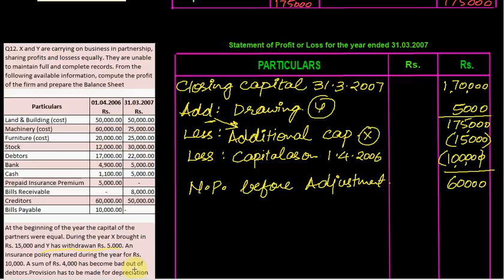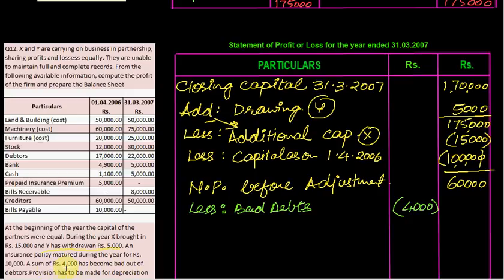So bad debts जो हो जाते हैं उससे हमारा प्रॉफिट कम होगा. सो सबसे पहले बैड डेट्स को लेस करो. कितना? 4,000. एंड इंश्योरेंस पॉलिसी मैच्योर्ड वो दिया हुआ है 10,000 का.